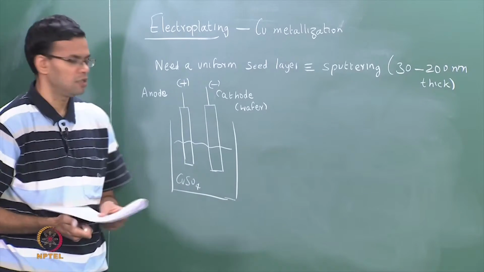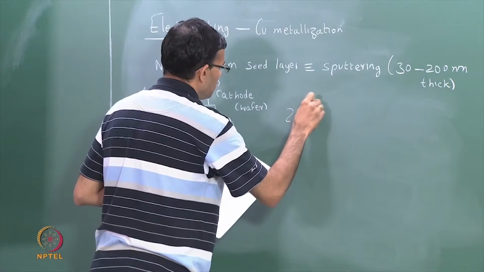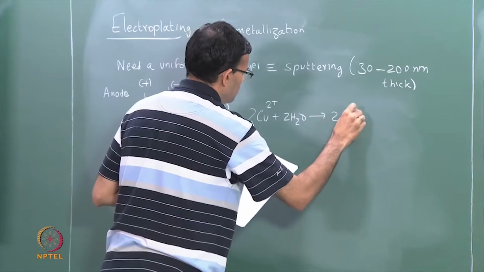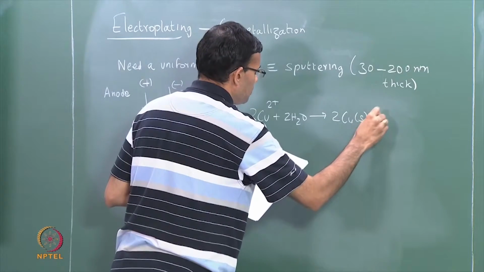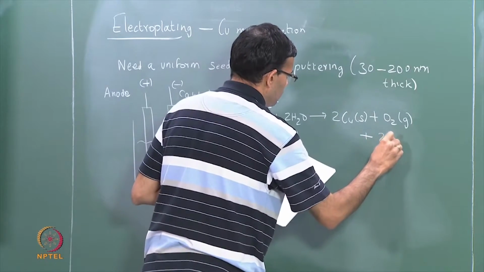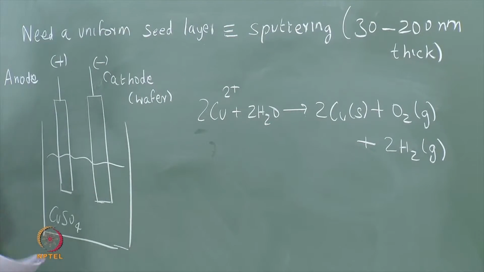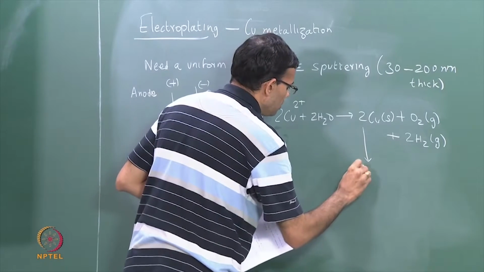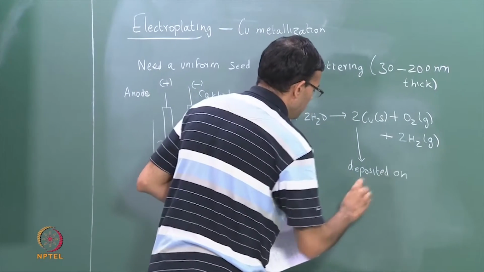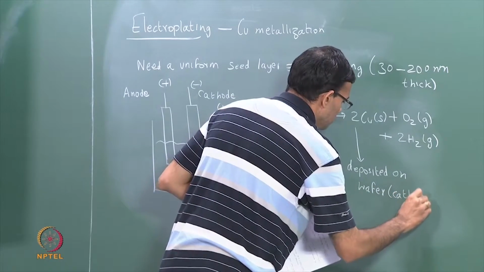During the electroplating process, the copper 2 plus that is present in solution gets reduced and forms metallic copper. So, the copper in the copper sulphate gets reduced to form metallic copper, and this gets deposited on the wafer, which is the cathode.